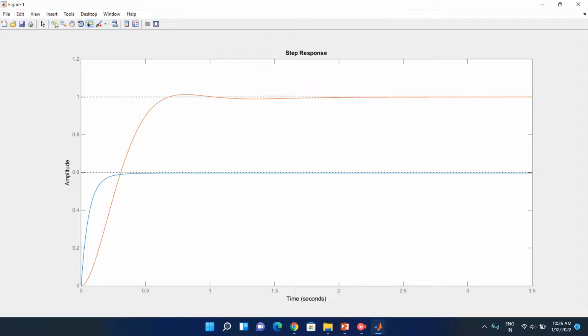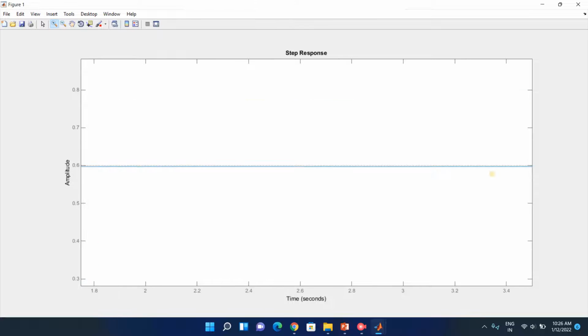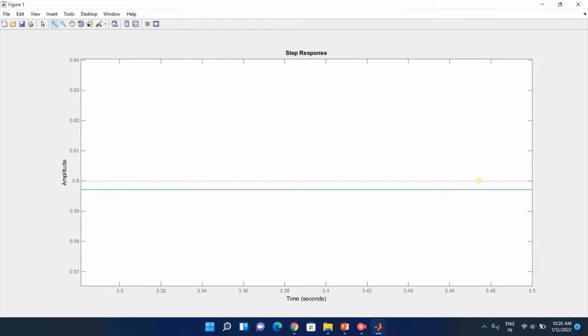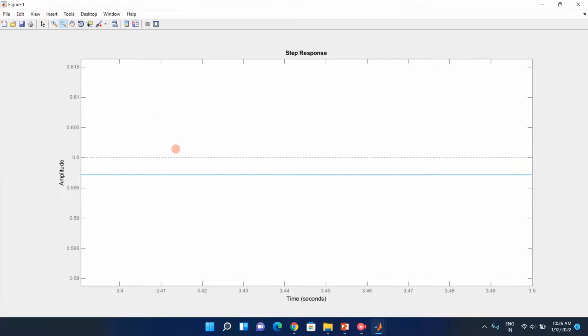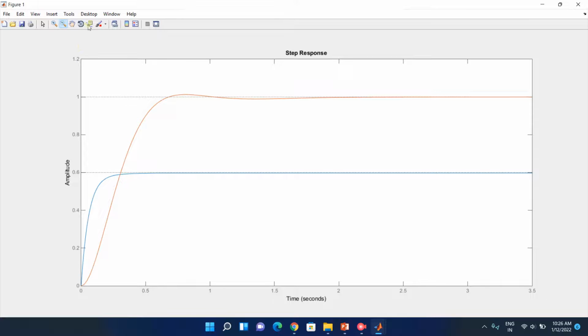Now see the comparison: the PI controller has reduced the error. If you now zoom into the PD controller, see, there is too much error, almost 96, 98. So it is not 0.0001, it is not like that. It has a significant amount of error.